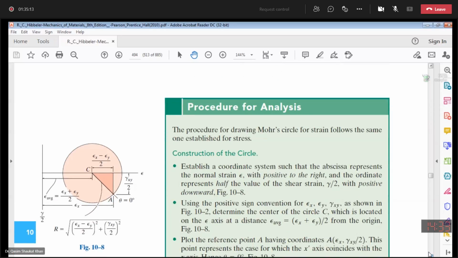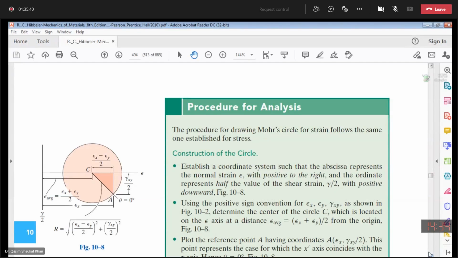So plane strain and plane stress Mohr circles will be very much similar, and the sign convention and the designations like A, B, C, D, E, F, G will be the same as they were in the case of plane stress. So let's start construction of the Mohr circle.